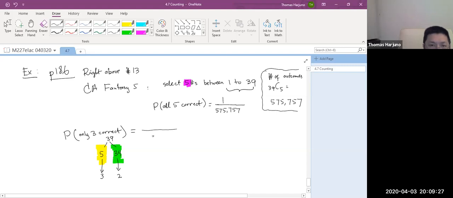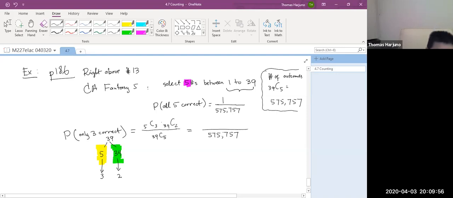That 39 choose 5 at the bottom is the one that we will get, 575,757. But what happened on the numerator? From the correct group, I will select 3. From the incorrect one, I must select 2.